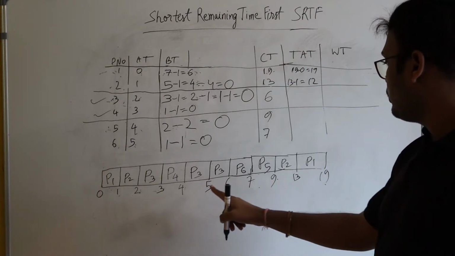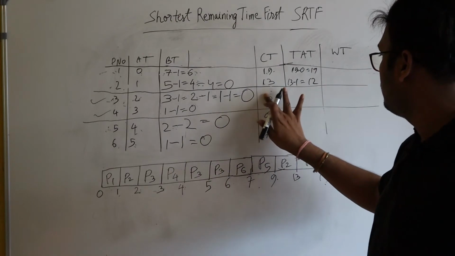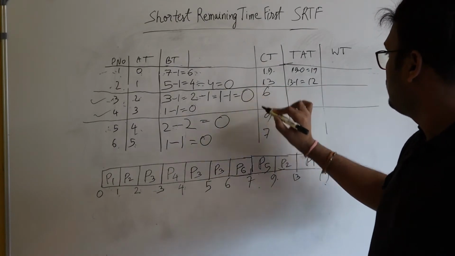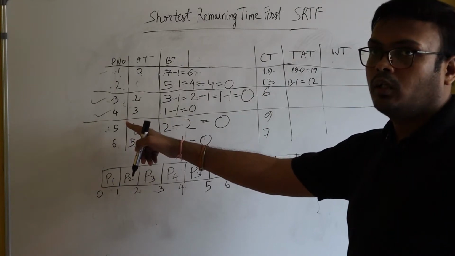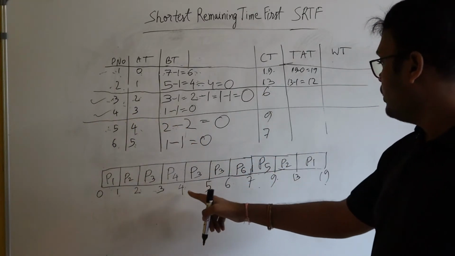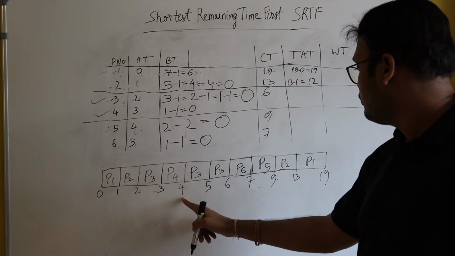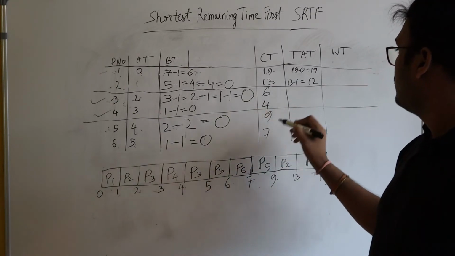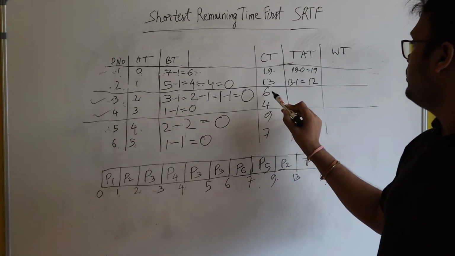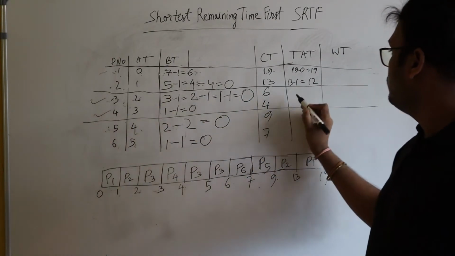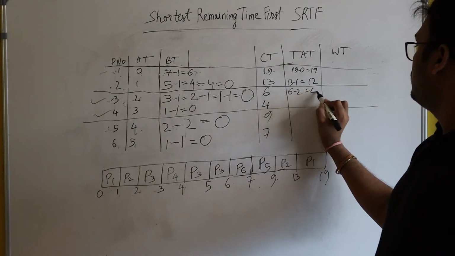Oh, I forgot to write the completion time of P4. The completion time of P4 is 4 seconds. So now calculate the turnaround time of P3. It will be 6 minus 2 is equal to 4.